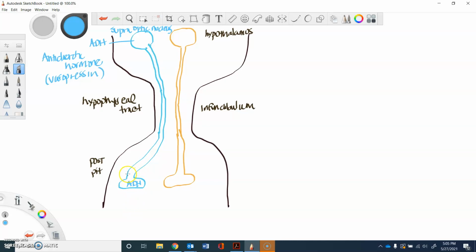Okay, so what stimulates the hypothalamus to secrete or tell the posterior pituitary to secrete antidiuretic hormone? So there's a couple of things that stimulate that.